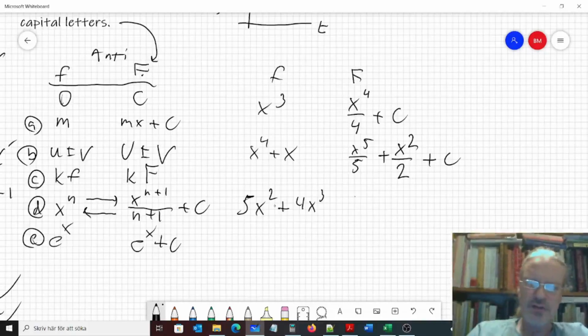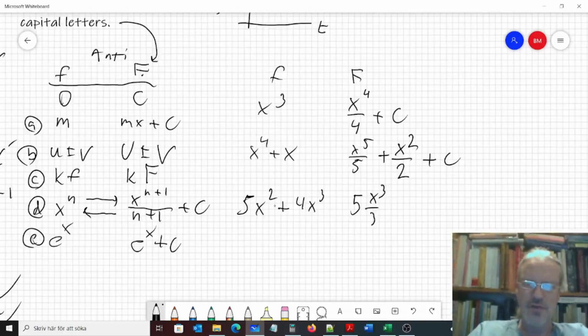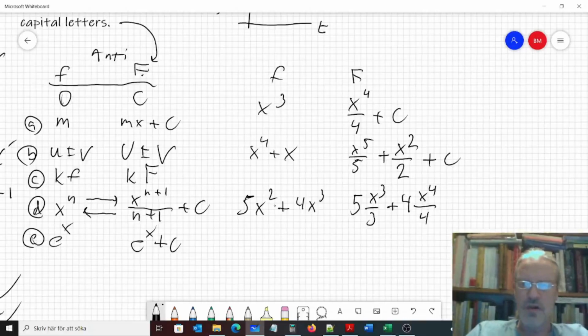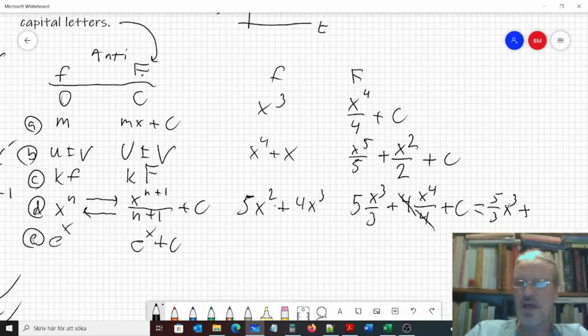So I keep the constant according to rule C and take the antiderivative of x squared, which gives us x³ over 3, plus we keep the 4. x³ will give us x⁴ over 4 plus c. We can do a bit of simplification here. Maybe I will write this as 5/3 x to the power of 3 plus, and we can see the 4 and 4 will cancel, so this will just give us x to the power of 4 plus c.